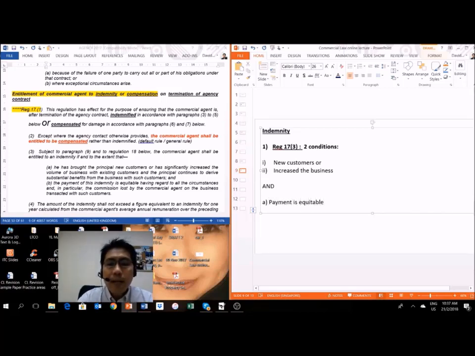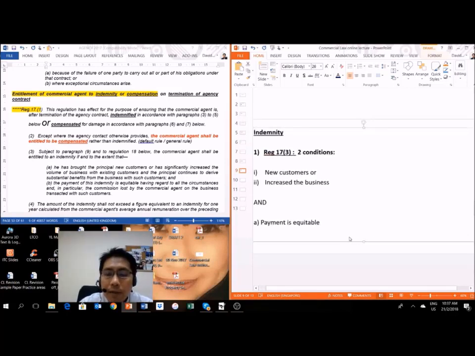Although you may be able to show that there are new customers, this concept of equity comes in, which means you will not be compensated beyond an amount that might be inequitable to the principal. The regulation is trying to strike a balance. On one hand, we have to recognize your efforts, but on the other hand, you must also recognize the interests of the principal and whether overall it's equitable for that amount to be indemnified to you, right?